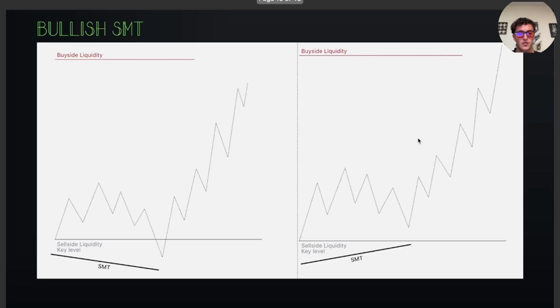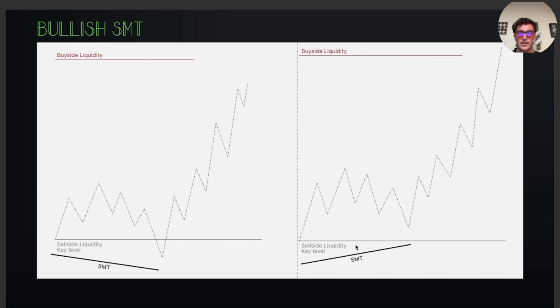Now, on a bullish SMT, you're going to anticipate the same thing. You're going to want to long the pair that makes a higher low compared to the pair that makes a lower low. So we have a sell side liquidity pool resting here in this schematic. Price sweeps the low, and then we react off of it.